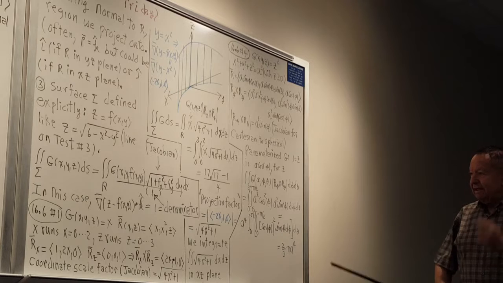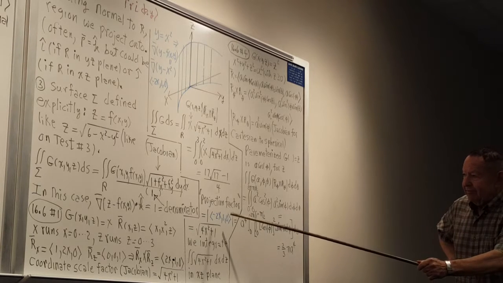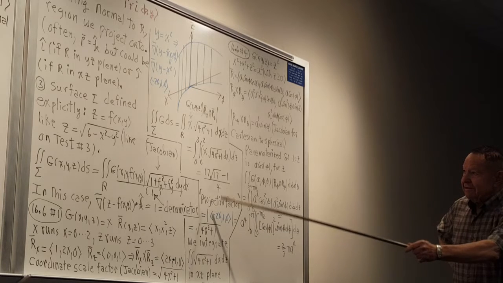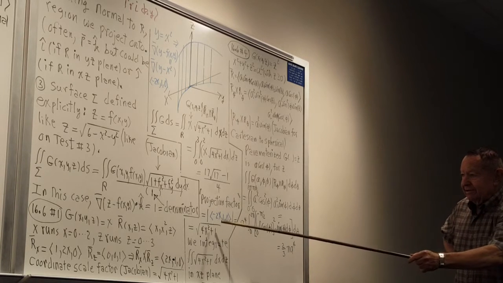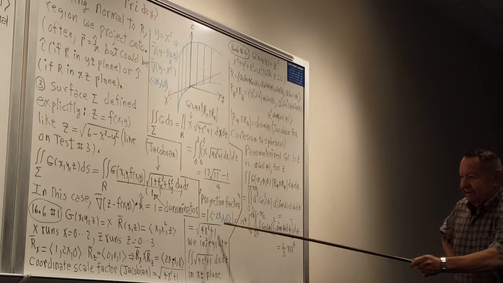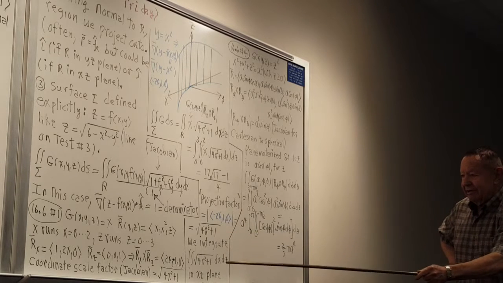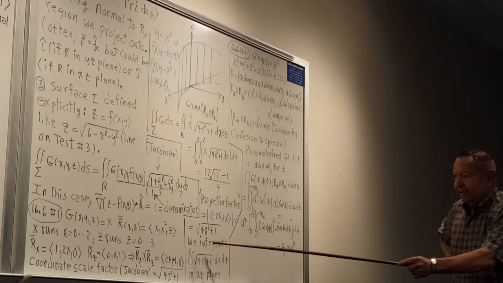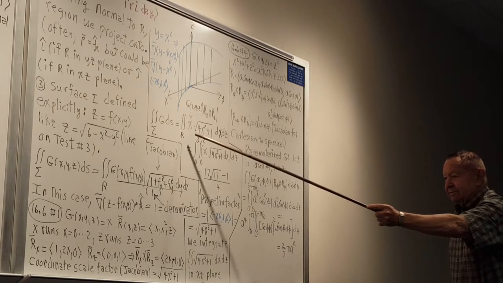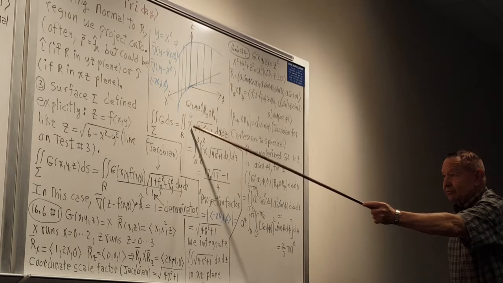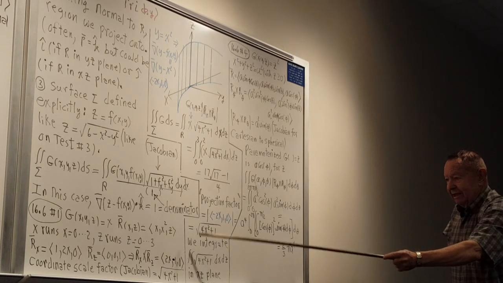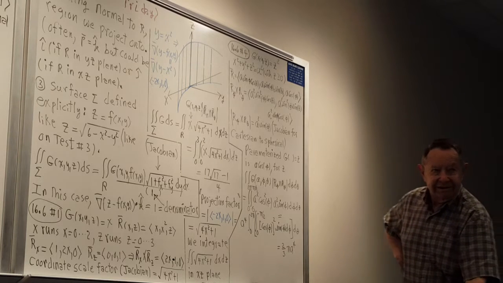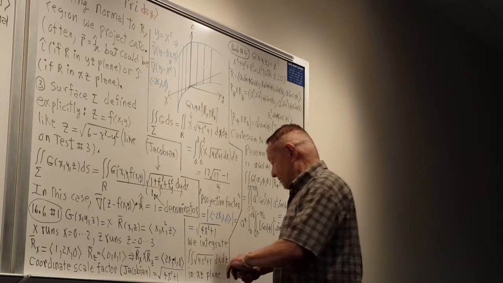So another way you could look at the same problem then is that your projection factor, which is this thing, is the magnitude of this, which we have here. And then what you're doing is you're integrating your projection factor times your x, which I should have written there, in the xz plane. That's another way to say what we did.